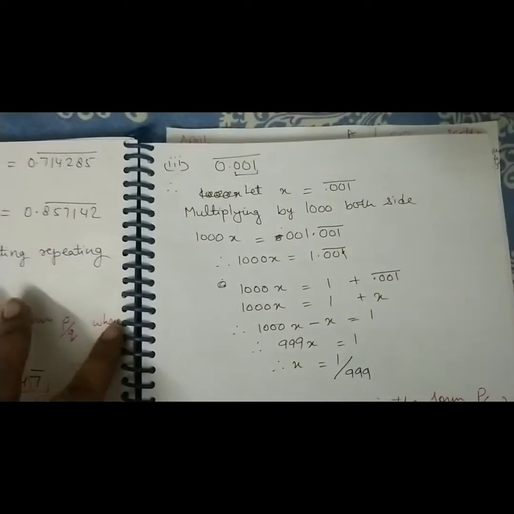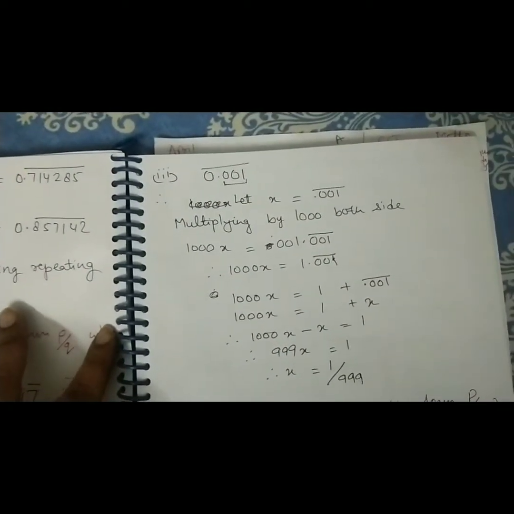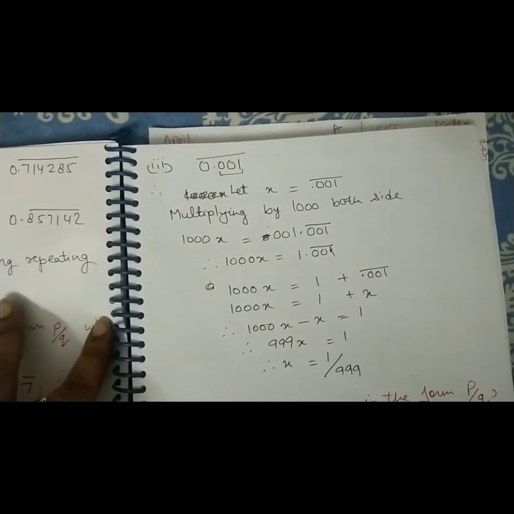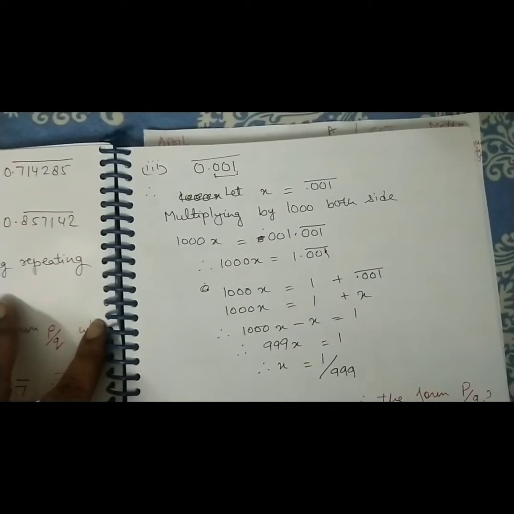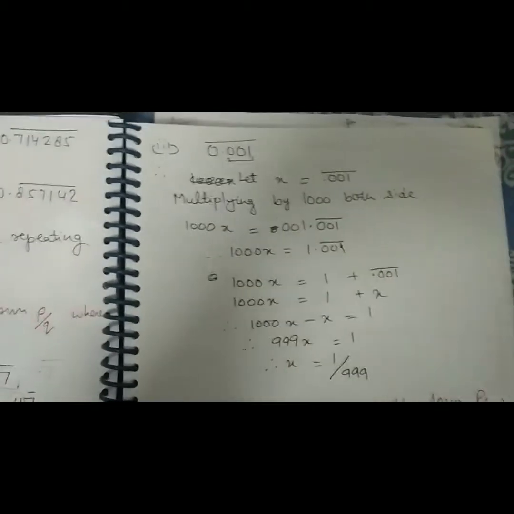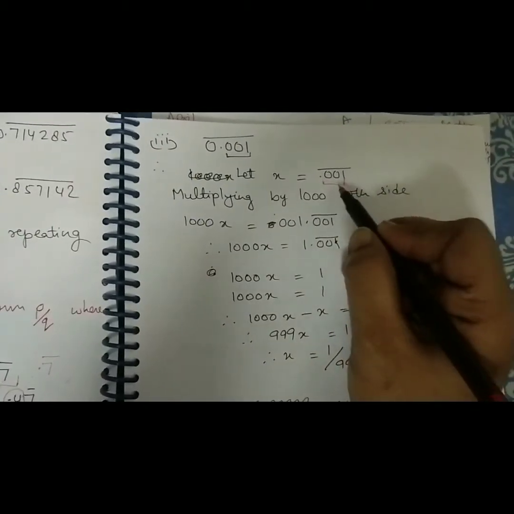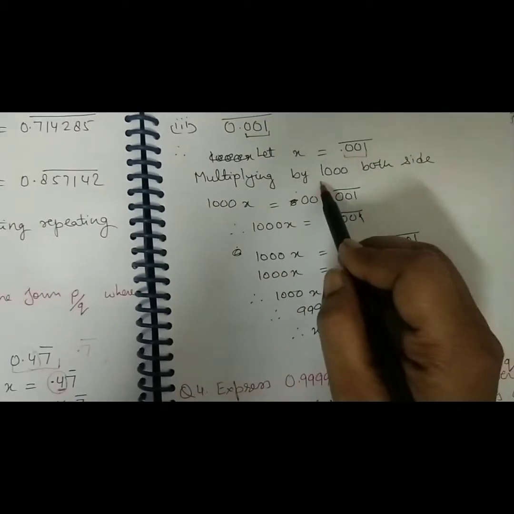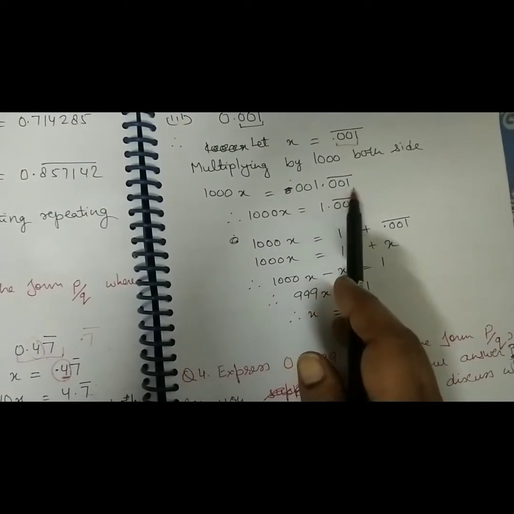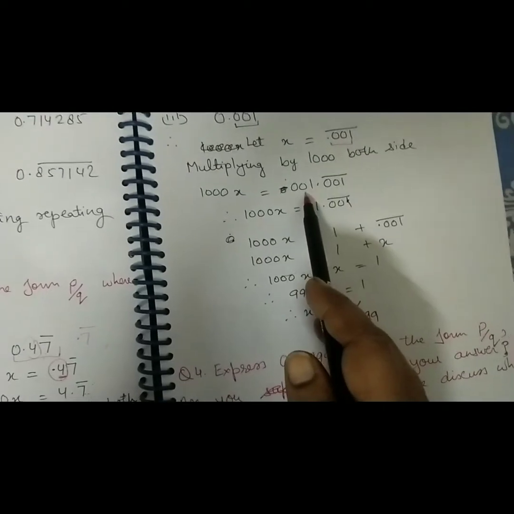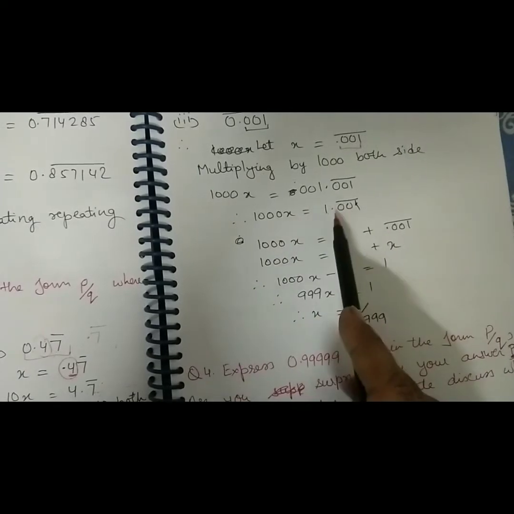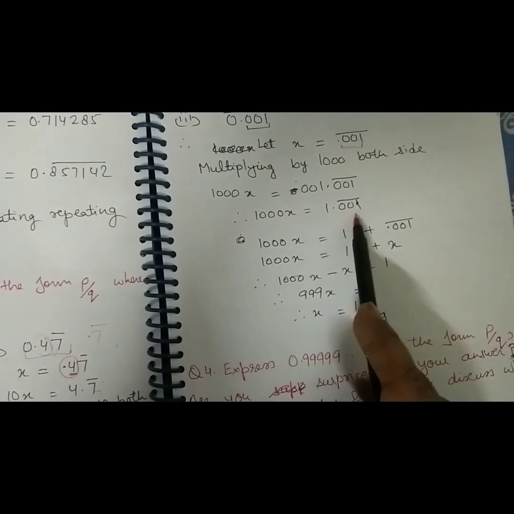It says 0.001 bar. So let's take x equal to 0.001 bar. As the string consists of 3 digits, we are going to multiply by 1000. So 1000x is equal to 1.001 bar.